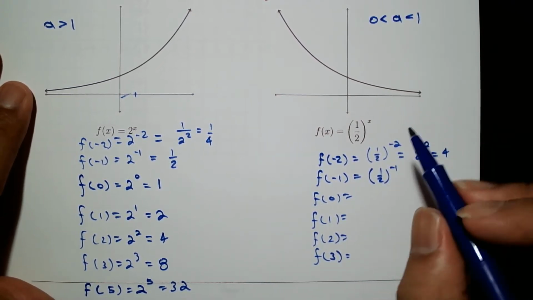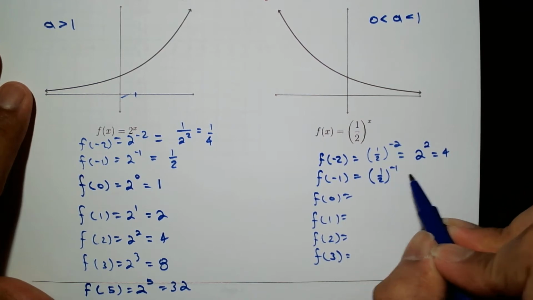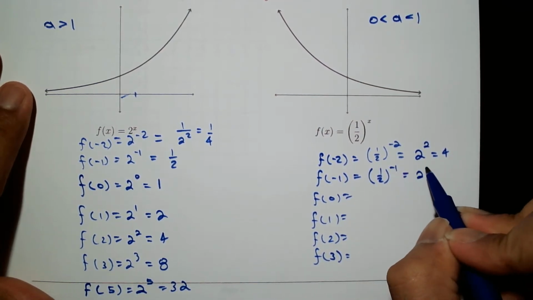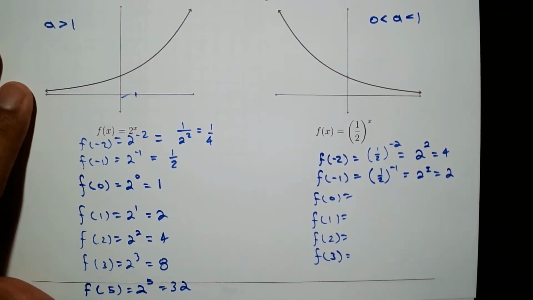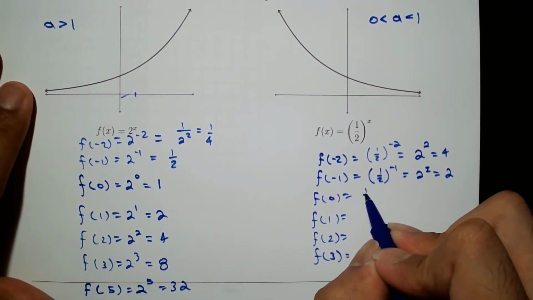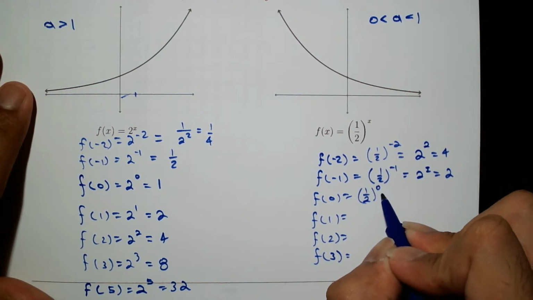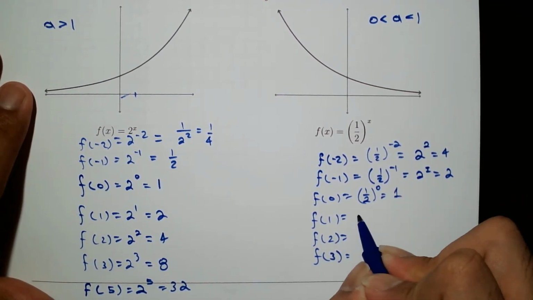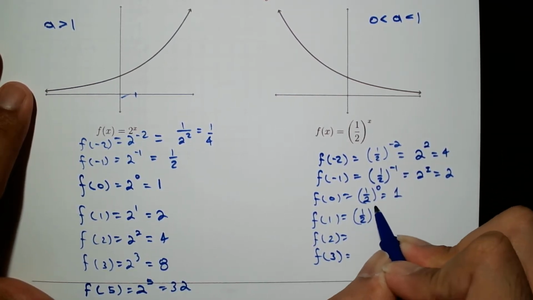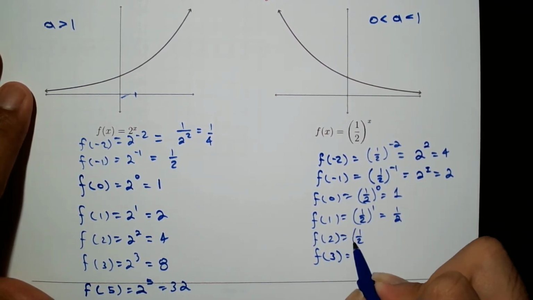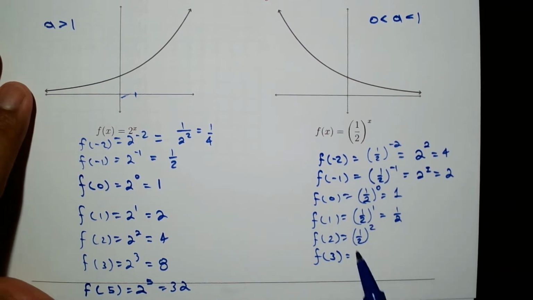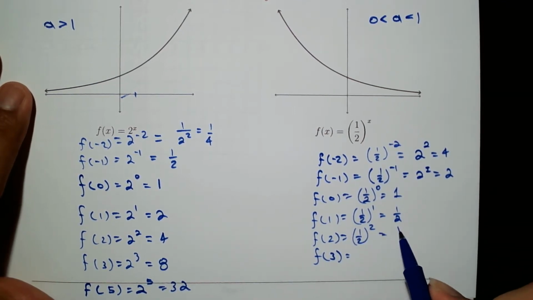We can change the sign of the exponent provided we flip the fraction. That is simply 2. 1/2 to the 0 power is 1. 1/2 to the first power is 1/2. 1/2 to the second power is 1 squared, which is 1, and 2 squared, which is 4.